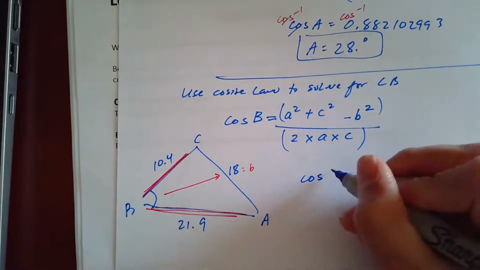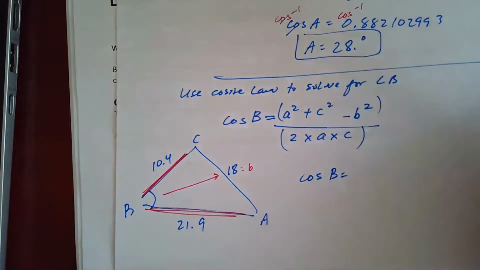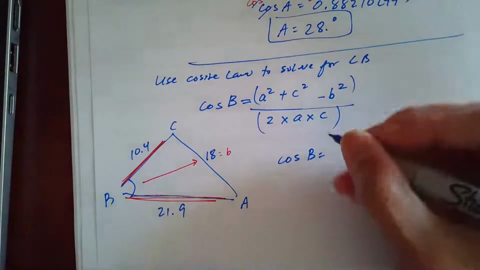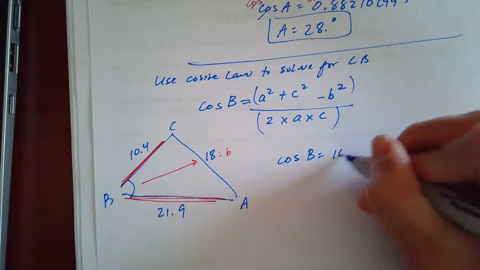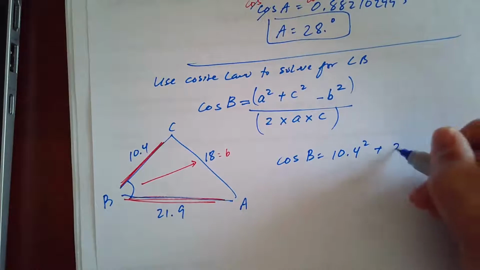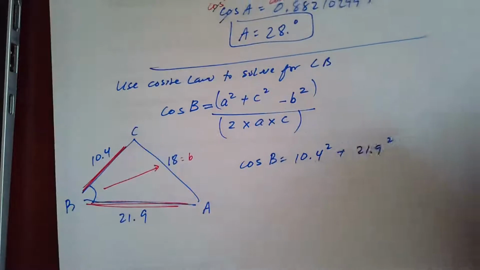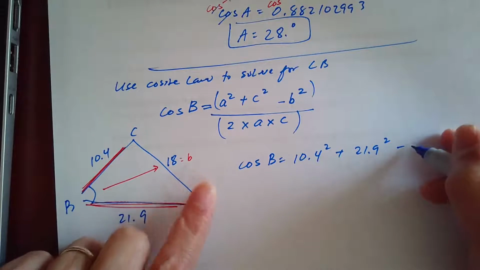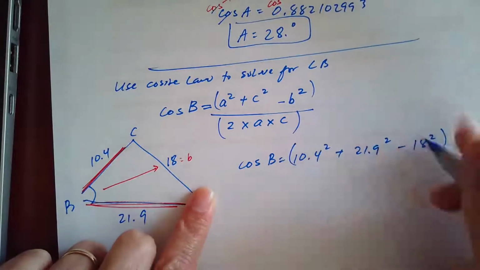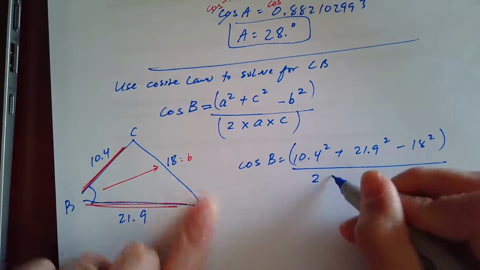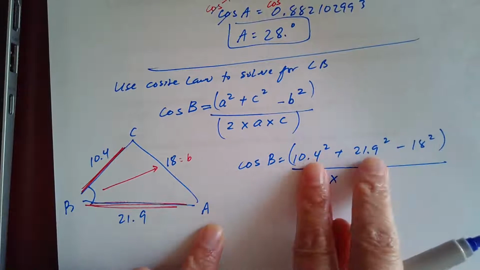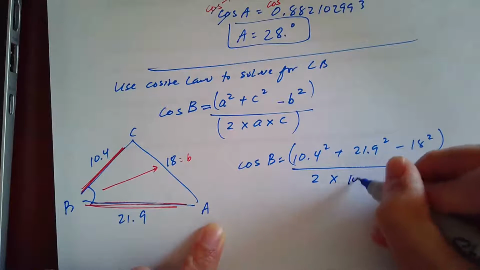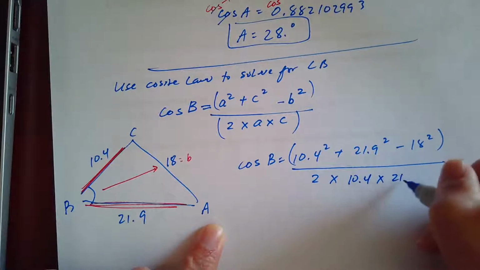So cos of B is equal to, you're going to start with this one. So that becomes 10.4 squared plus 21.9 squared minus the b, which is 18 squared. All of that is divided by 2 times these exact same two numbers as you saw here, 10.4 times 21.9.